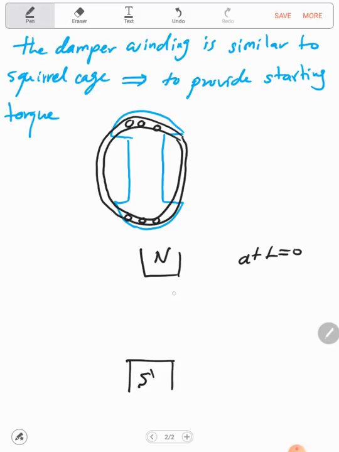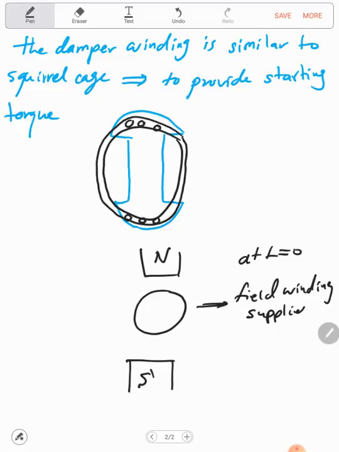Now in the rotor we have field winding, and those field windings are supplied by a DC current.